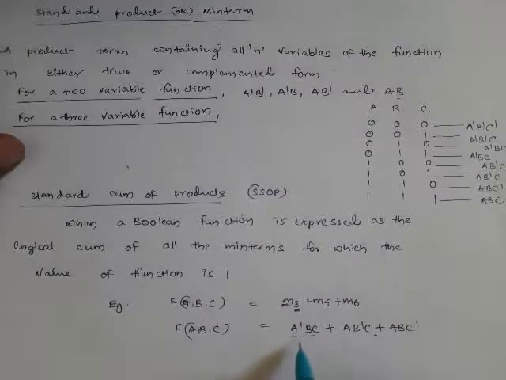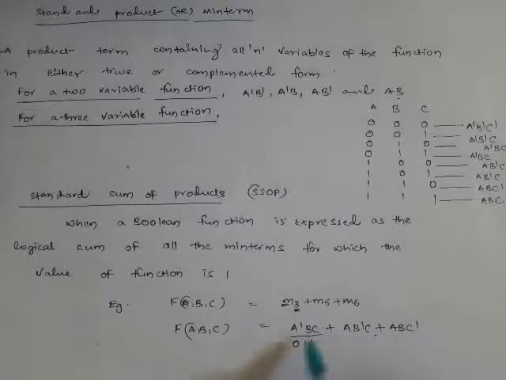So here it is a bar bc, that means a bar is 0, its value is 0, bc means its value is 1 1. So here the bits are 0 1 1, and this is binary 0 1 1. When it is expressed as decimal, it becomes 3. So this minterm I can write as m3.